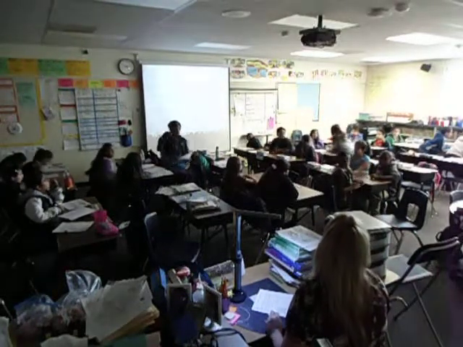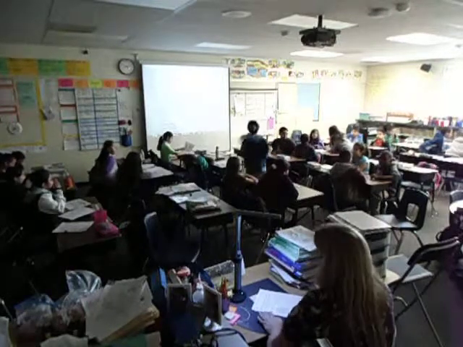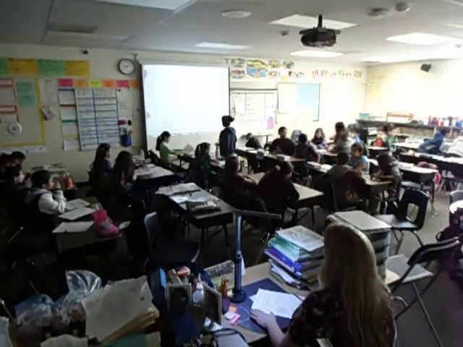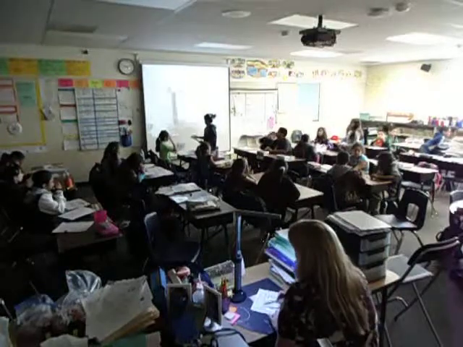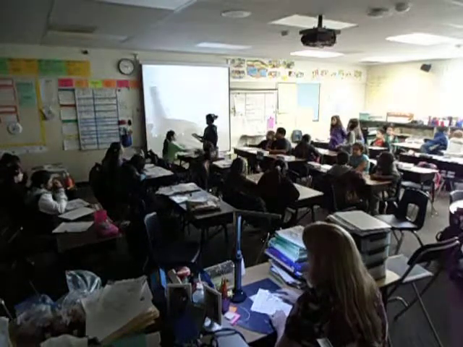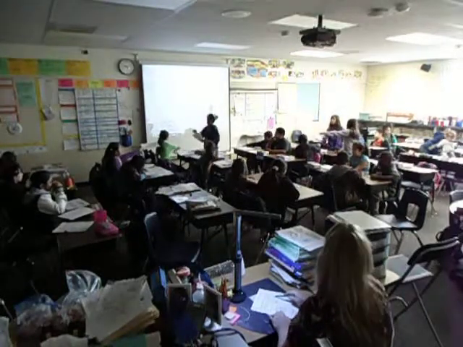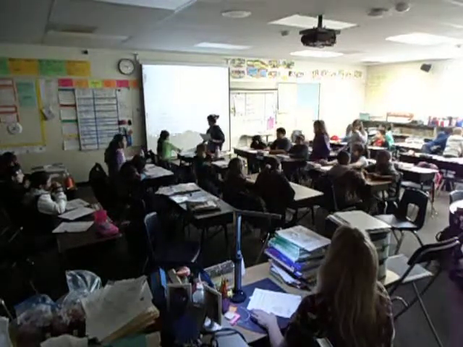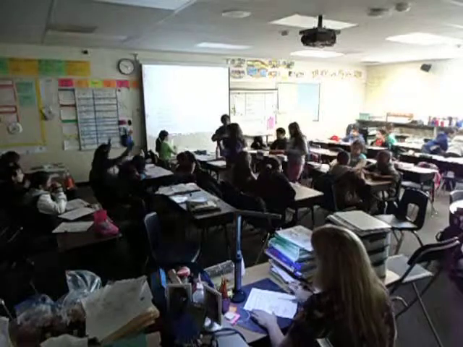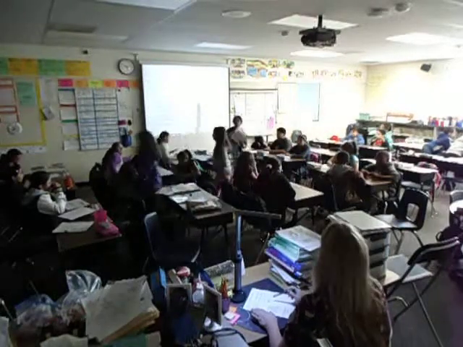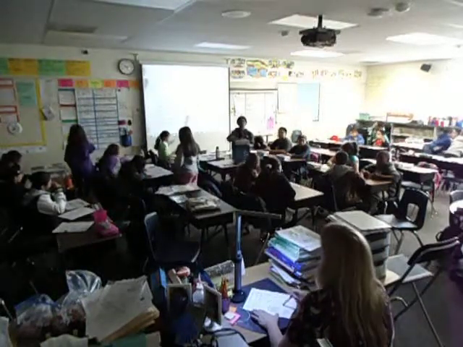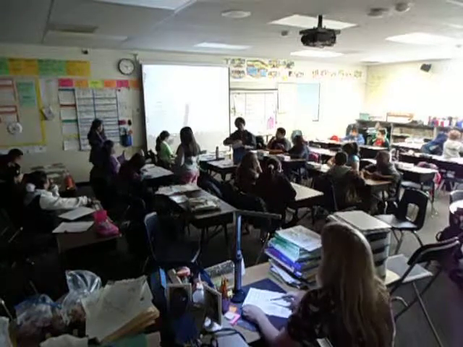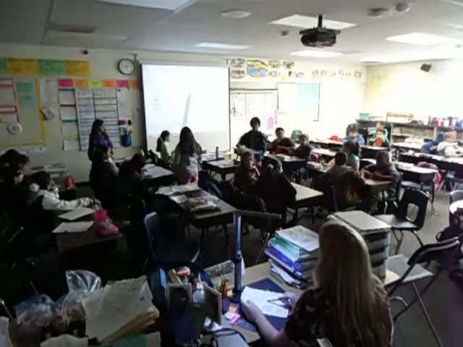Alright, so your directions for this is you are going to be reading this information about Martin Luther King. And then you are going to work with your partner to fill out this chart, the date of birth.